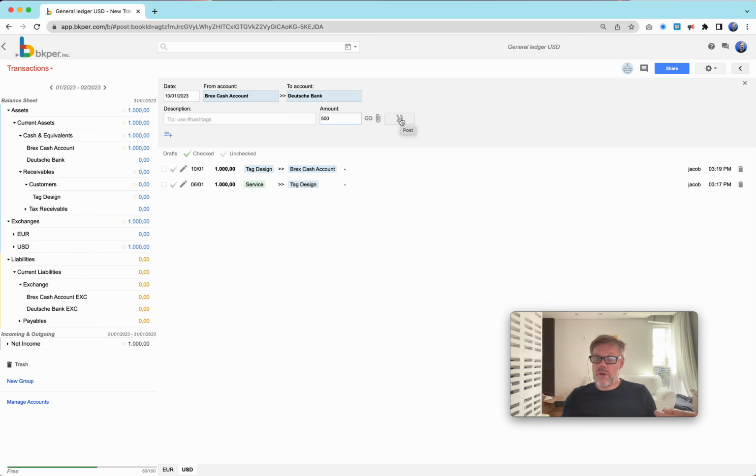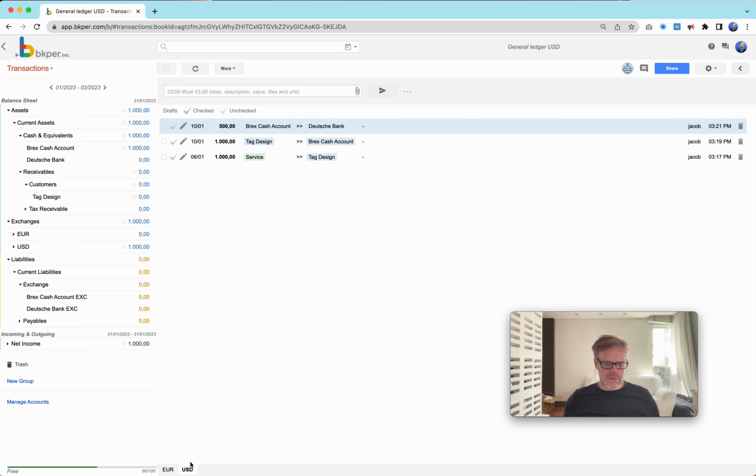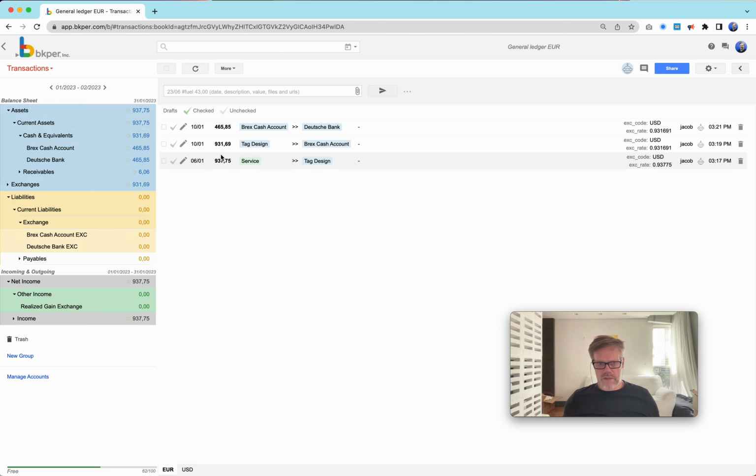But when this transaction actually happened, we already knew that it's not going to be the exact exchange rate. So let me book it like this to see what happens. You see it's 465, but actually what arrived on my German bank account was 450. They withheld 15 euros there.